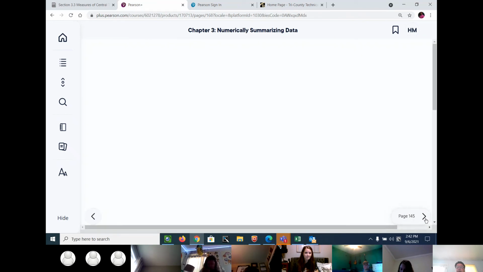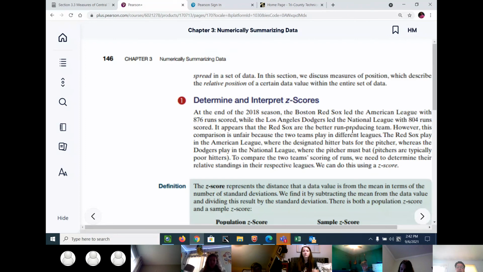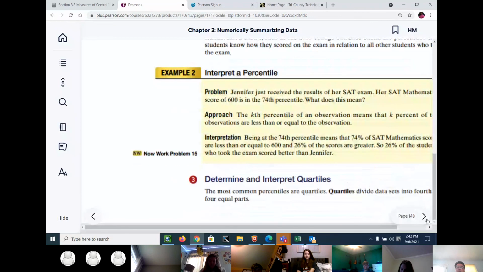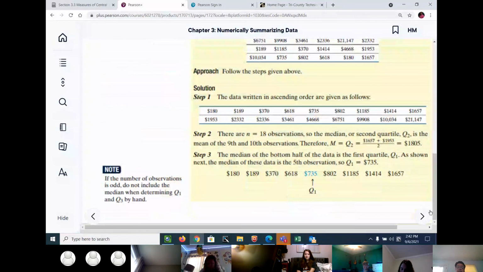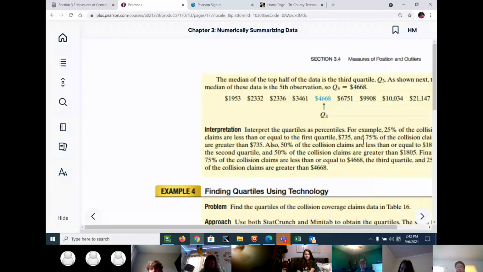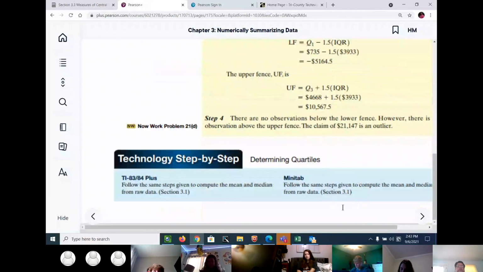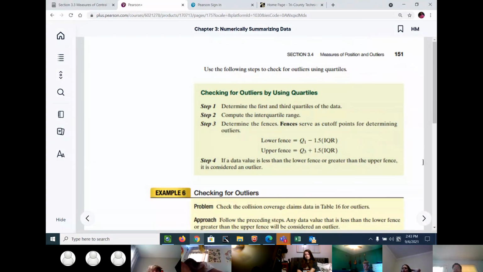Probably in 3.4 then. I'm looking for it. And I'm not finding it. What page am I on here? 151.